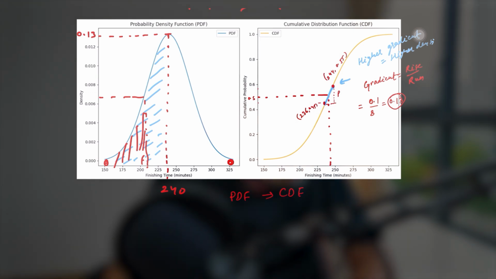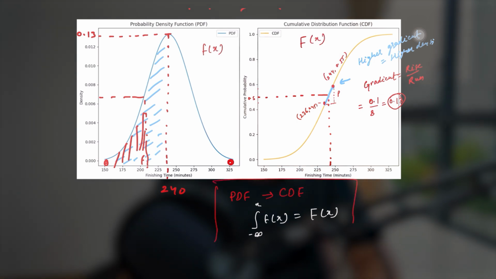You can simply calculate the integration from minus infinity to x of f(x), which equals capital F(x). Just consider it as small f(x), and this will be capital F(x). So when you calculate the integration of the PDF, you will get the CDF.